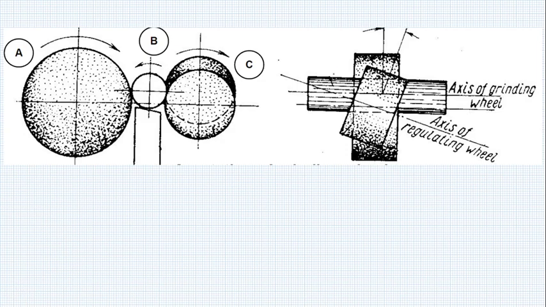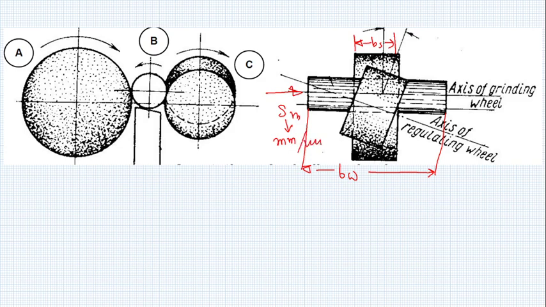Typically, L is used for designating length, but I want to use B for standardization. So this is the job length, whereas this is the width of the grinding wheel. Somehow this job has to be fed in this direction with SM, that is millimeter per minute, or someone can say this is feed SL, millimeter per revolution of the job.